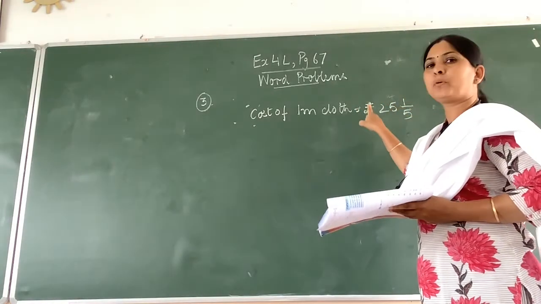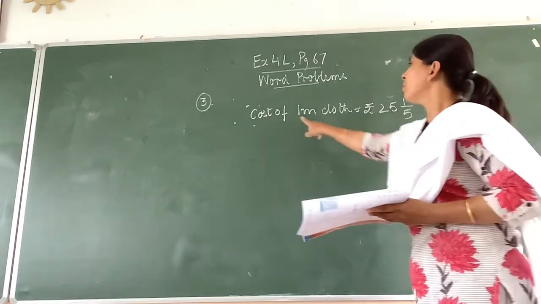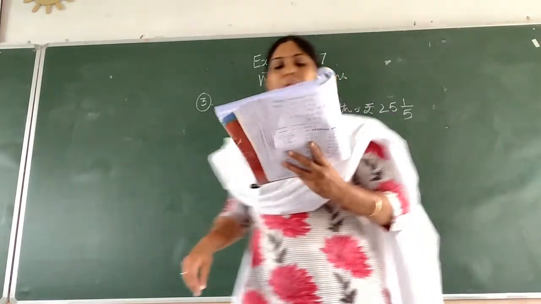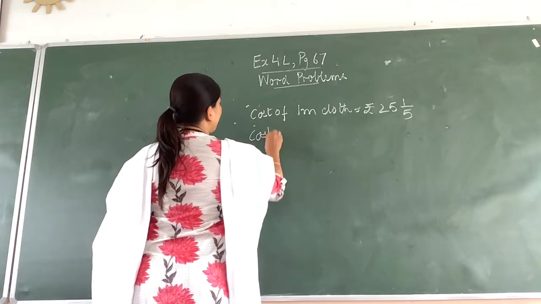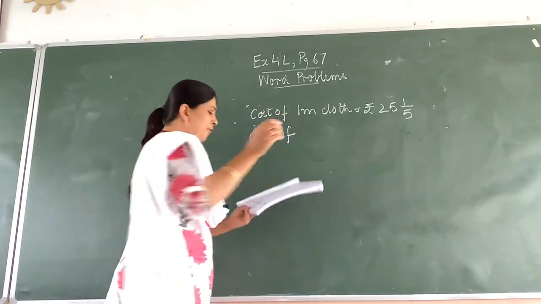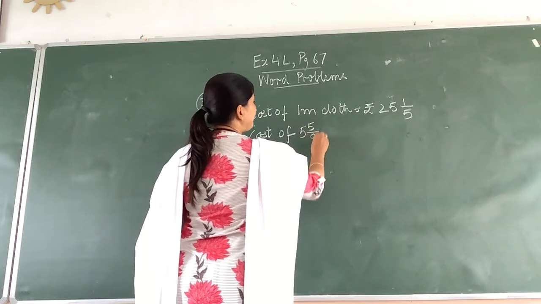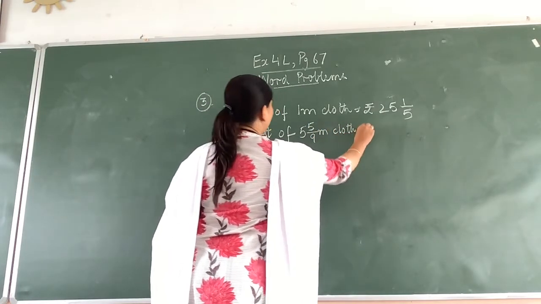Now, this sum I will do with the statement also, and I will tell you how to write the headings also. So, we know the cost of 1 meter cloth is this much. Now, what do we have to find? We have to find the cost of how much cloth? We have to find the cost of 5 and 5 over 9 meter cloth. Now, children, think.